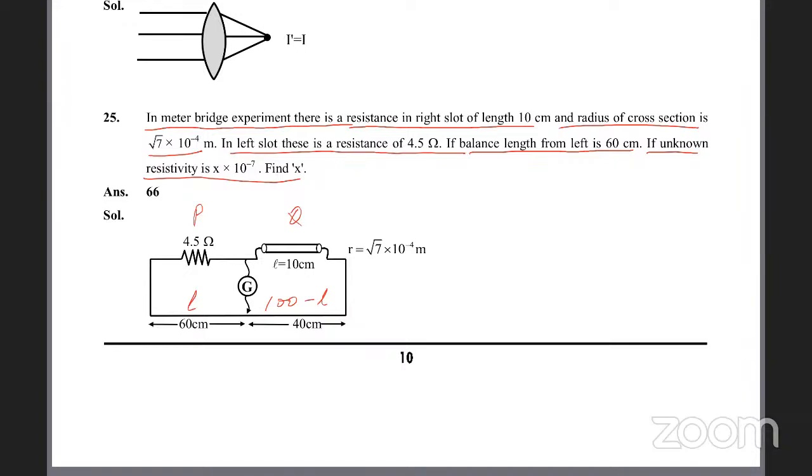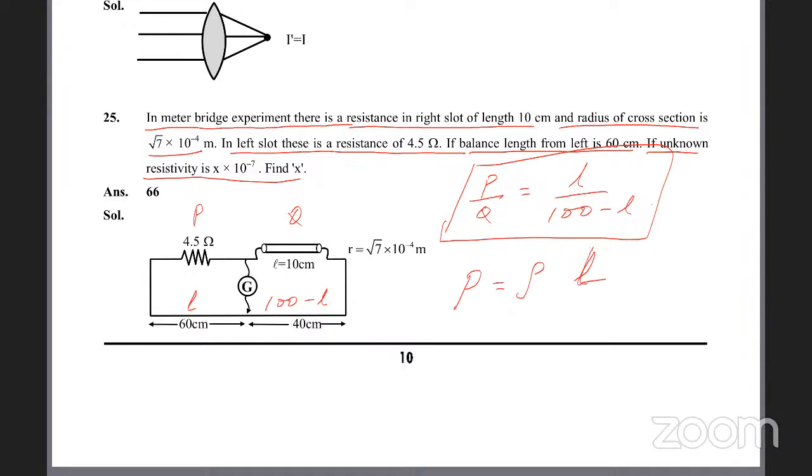The principle of the meter-bridge is the Wheatstone bridge. When the bridge is balanced, P by Q is equal to L by 100 minus L. That's the first thing, the condition for balance. And the resistance P is equal to rho L by the area of cross section.